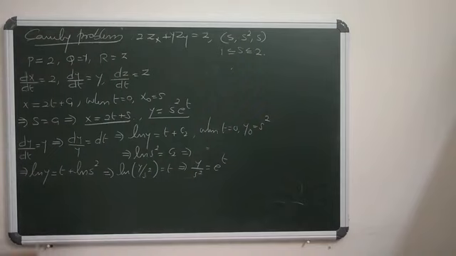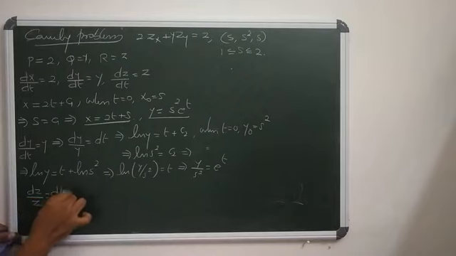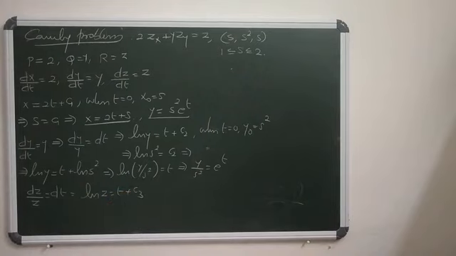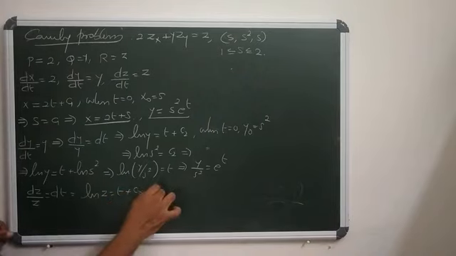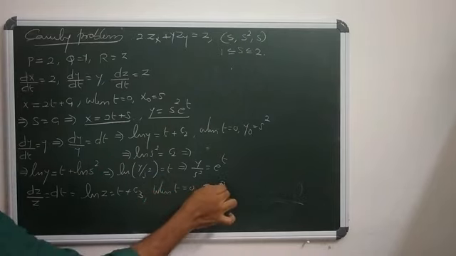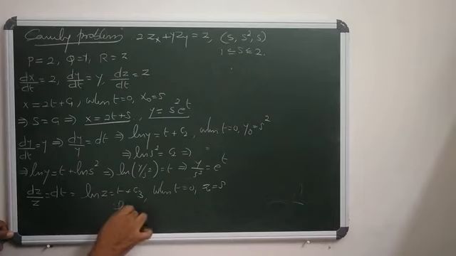Again, what is dz by dt? Similarly, dz by dt equals z means dz by z equals dt. On integration, log z equals t plus c3. By the initial condition, when t equals 0, z naught is s, so log s equals c3.